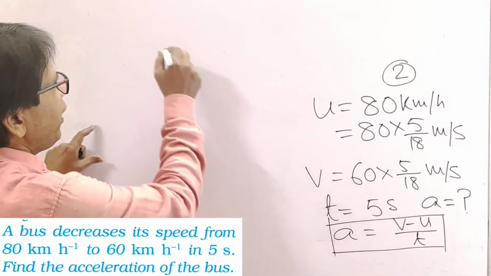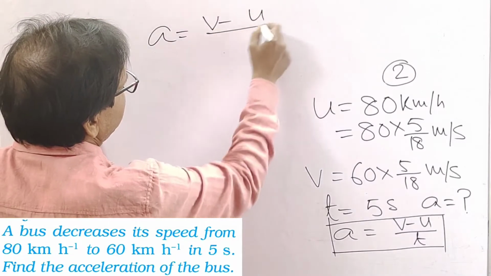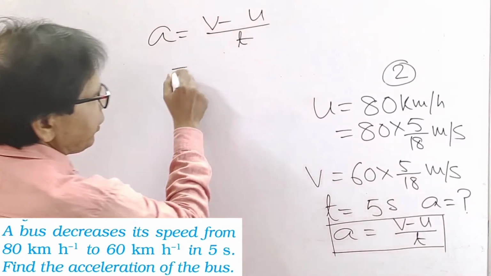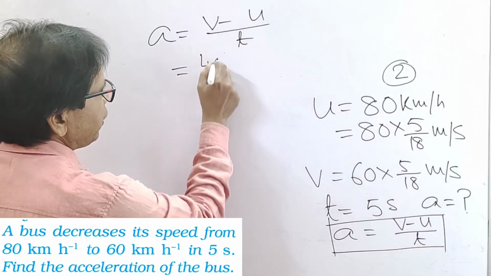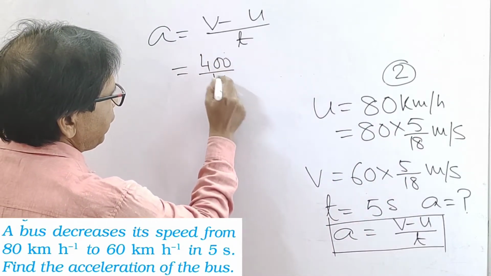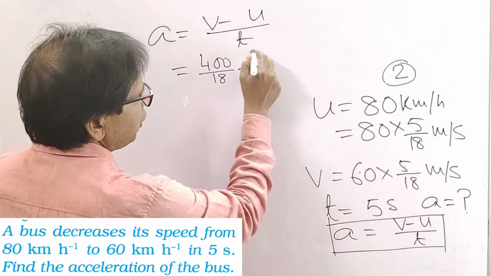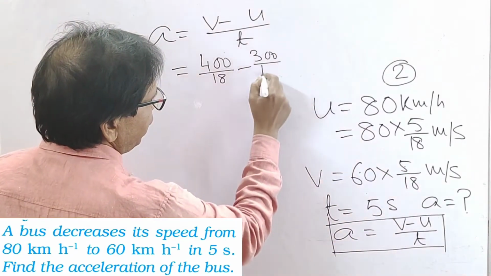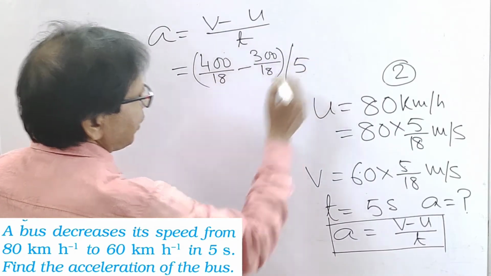So here A equal to V minus U divided by T. Look at this, this is 400 by 18 minus 60 into 5, so this is 300 by 18, whole divided by 5 second.